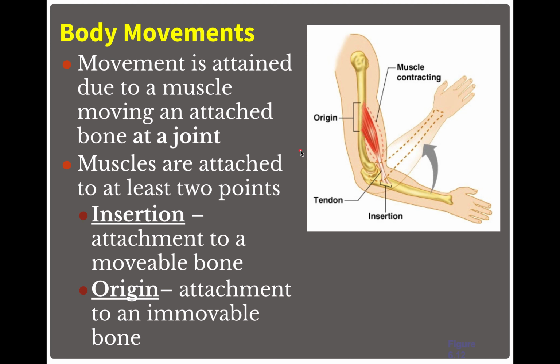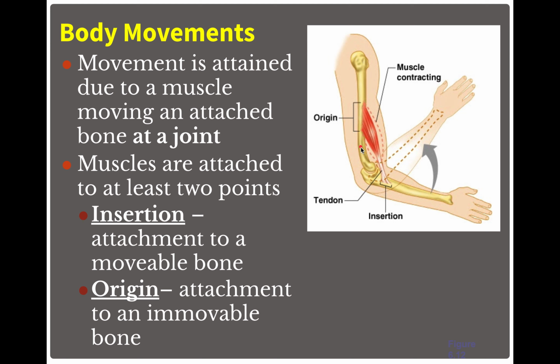Okay, so generally speaking, the attachment points of a muscle can be classified in 2 ways. One is called the insertion. It's the attachment of the muscle to the movable bone. Generally speaking, this is where the bone is basically cemented to that muscle. It's really stitched very closely.